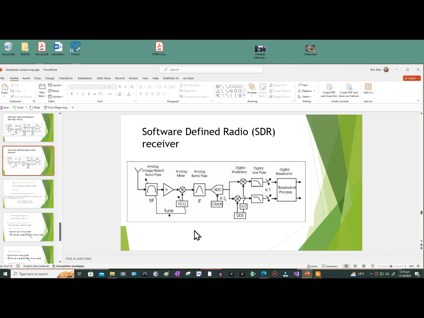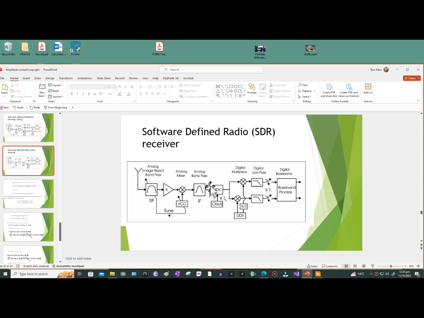All the analog receivers have used that since Armstrong's invention of FM. I think that was his idea. Armstrong was the inventor of frequency modulation. In AM, that would be 455 kilohertz traditionally.